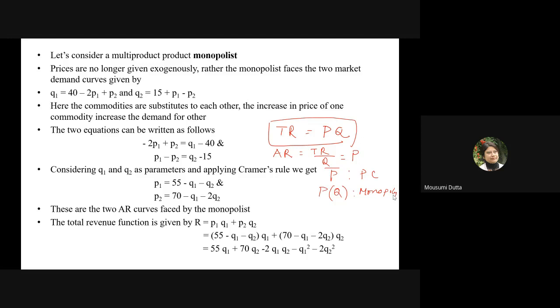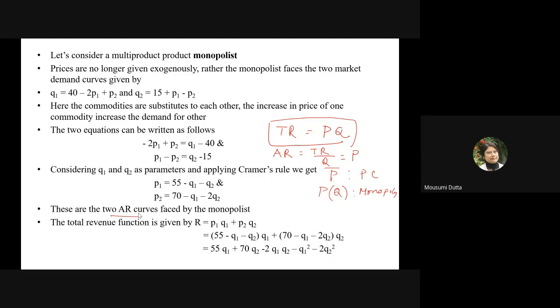Are you getting this point? Is it now understandable to everyone why I am writing these two as AR curves? So these P1 and P2 are the average revenue curves, because every price equation is nothing but the average revenue curve, and that is also the demand curve.